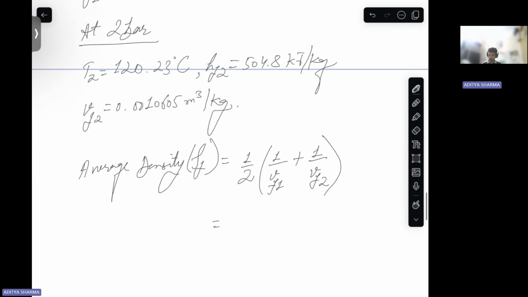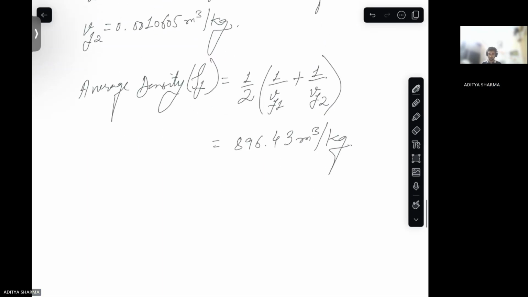So if you will calculate this, this will come out to be 896.43 kg per meter cube.